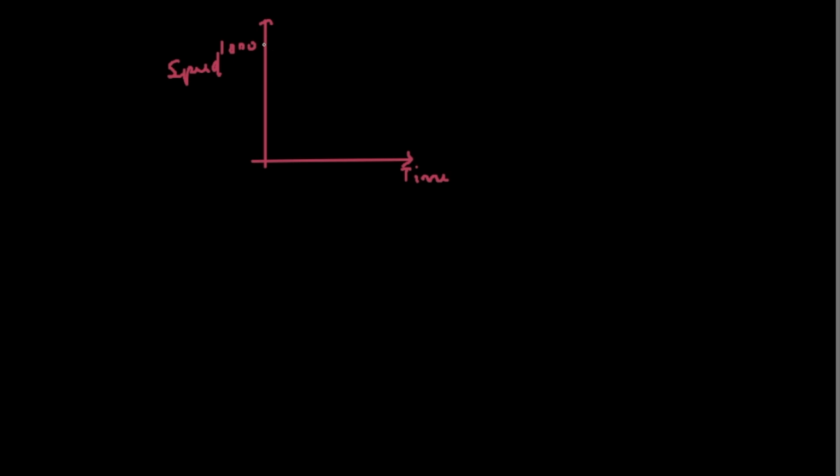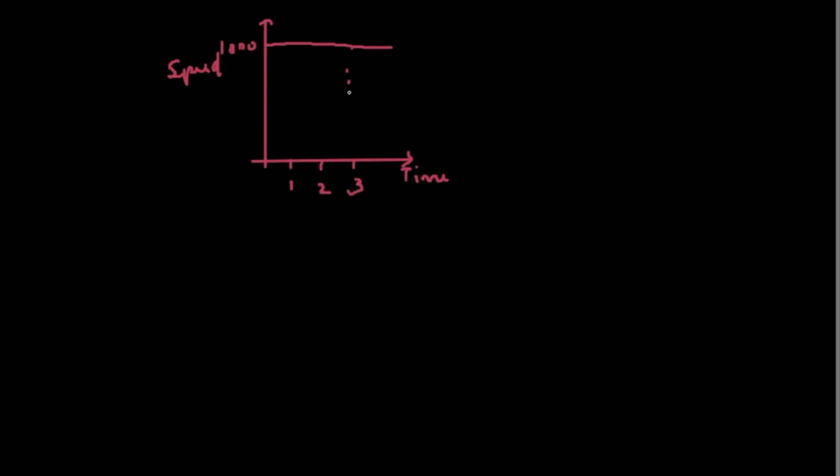So the line which shows the speed at every instant will be somewhat like this, a straight line. If I ask you what is the distance traveled by the plane in 3 hours, you'll say the formula for distance is speed times time, and the speed is constant, 1000 kilometers per hour. So for a 3-hour interval, let's say here is 1, here is 2, and here is 3.